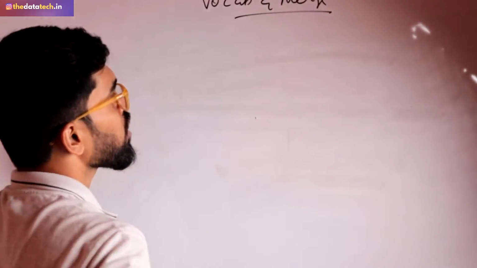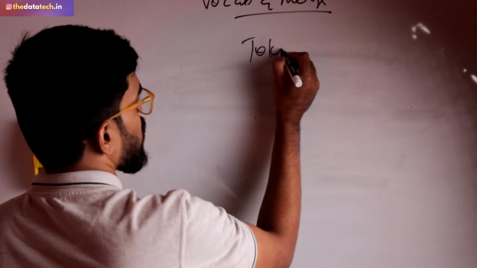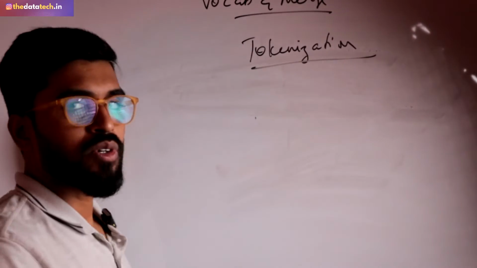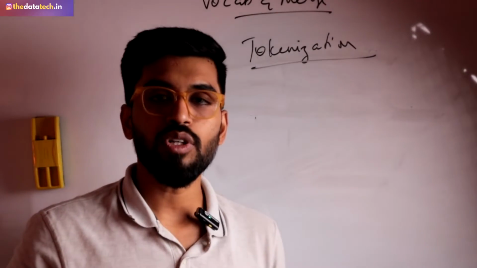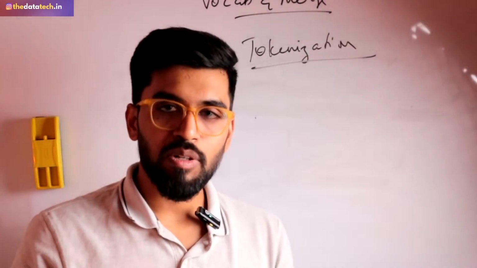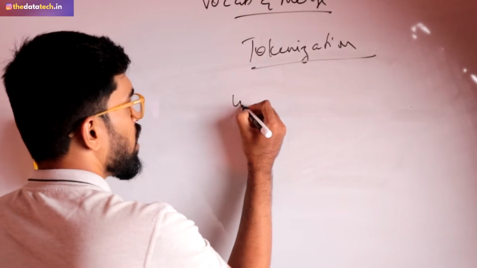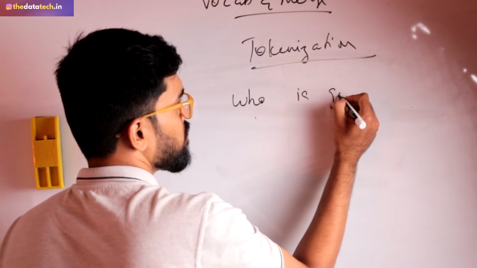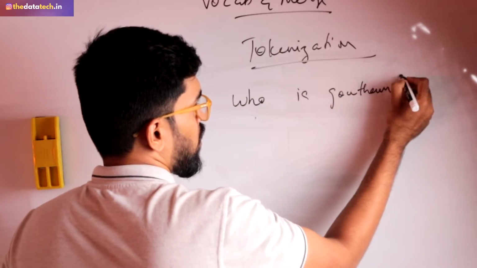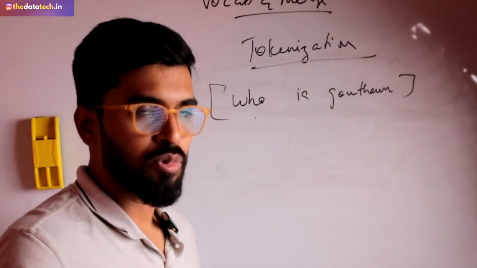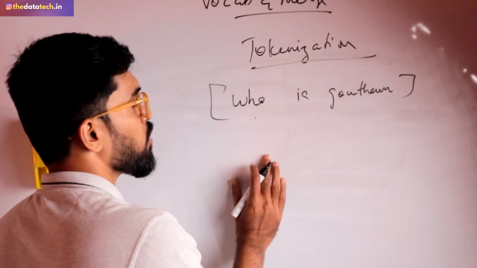Now let's talk about tokenization. As I told you, your string will be converted to tokens and then a number will be assigned to each token, and that process is called tokenization. Now imagine I say, who is Gautam? This is the sentence that you are sending to your LLM as input. What will the tokenization process do?